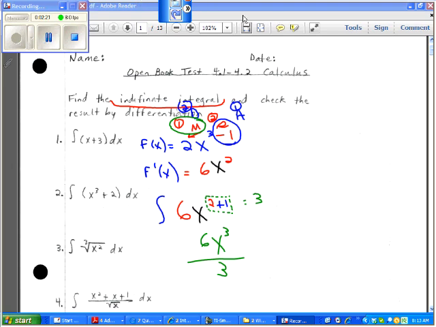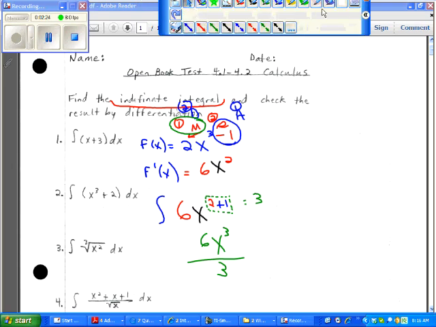Okay? So, again, we're going to be reversing the derivative. The last thing that happened in the derivative was to subtract 1, so the first thing that happened in the integral is to add 1. When you add 1, you're going to get a number for the exponent, x cubed.